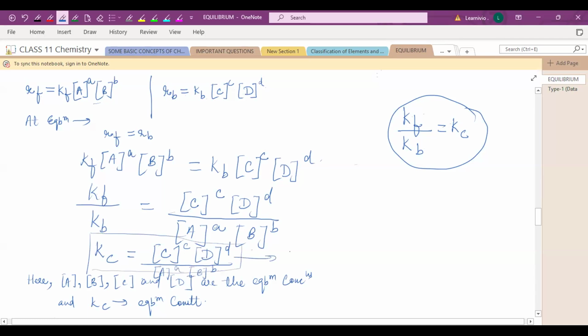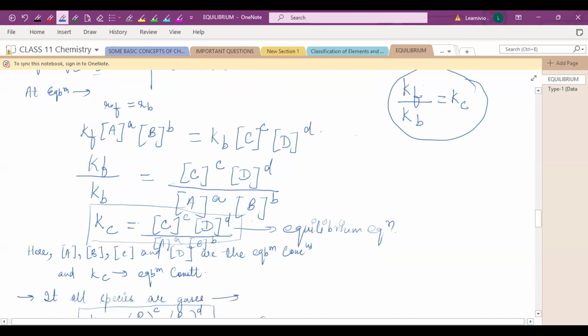This equation is known as the equilibrium equation. Okay, and what is Kc over here? Kc is the equilibrium constant.